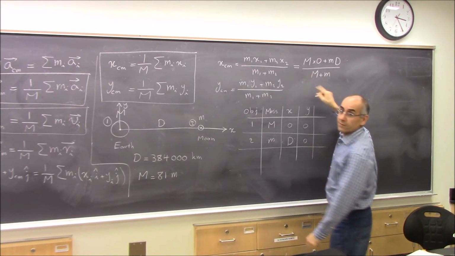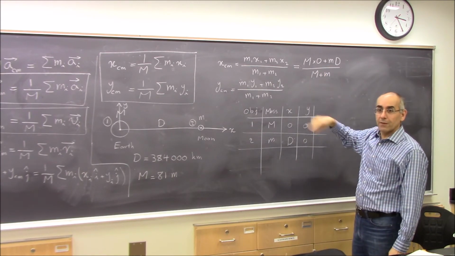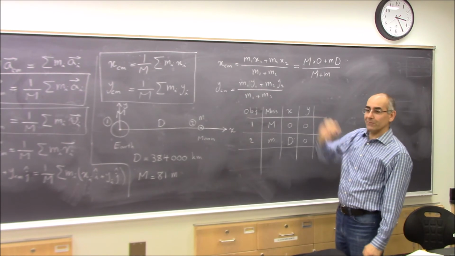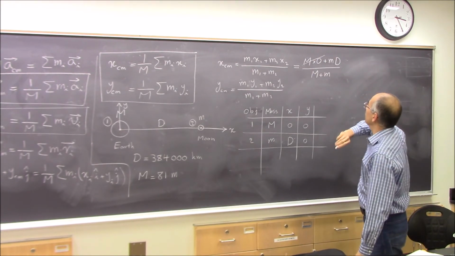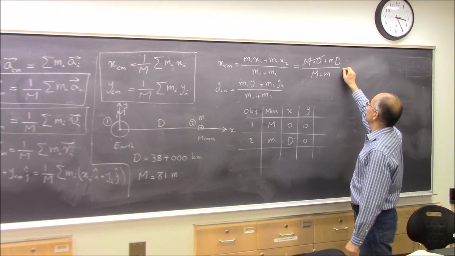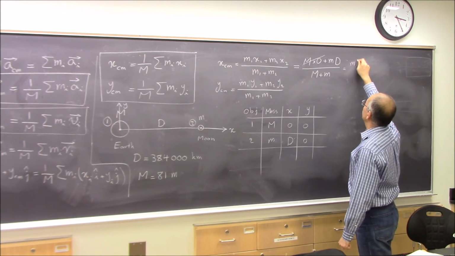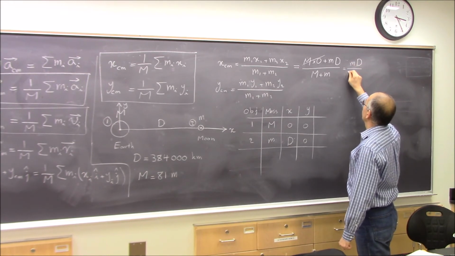You divide by m1 plus m2, which comes from this formula. So this term goes away, is 0. So you get m d divided by M plus m.